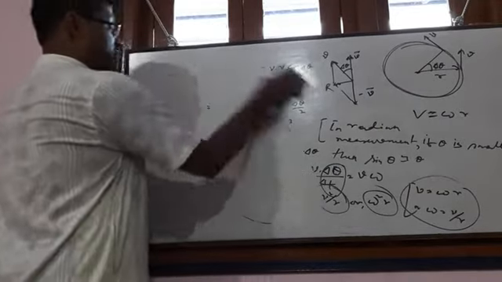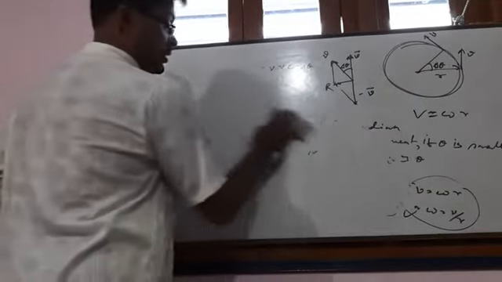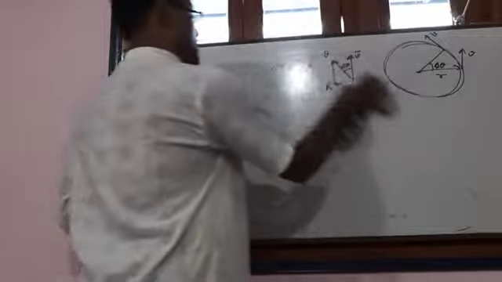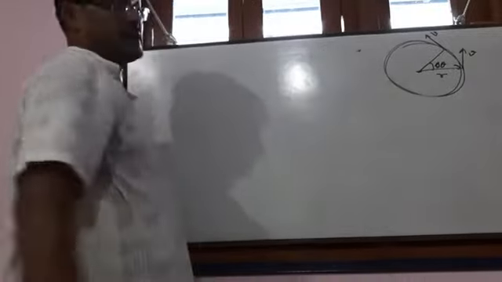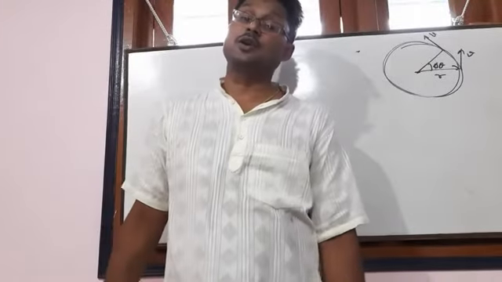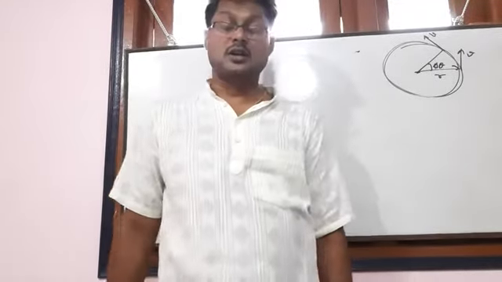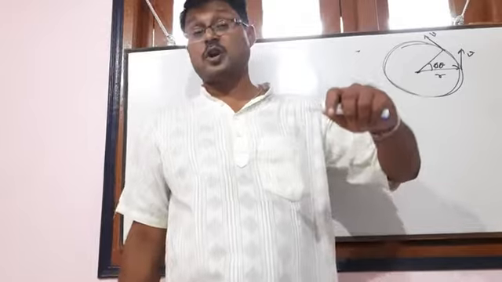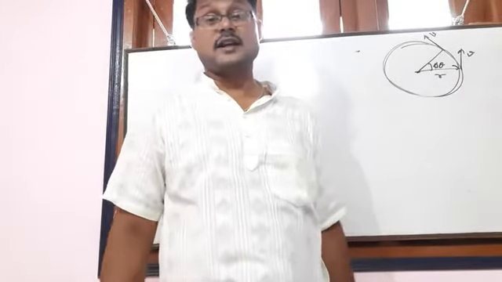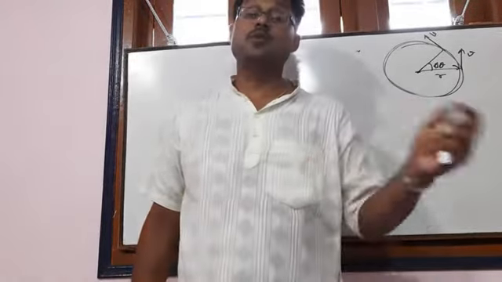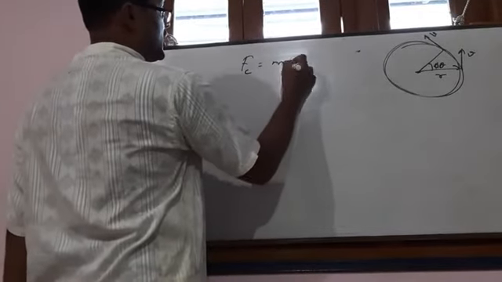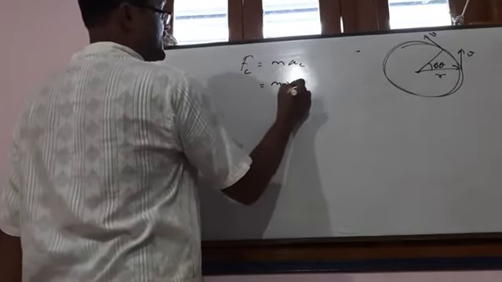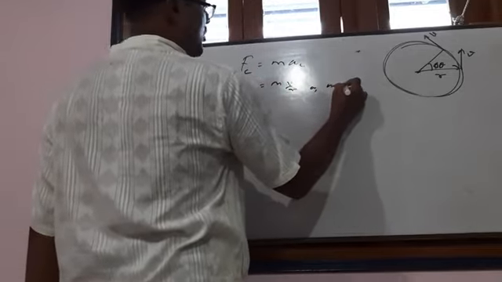Now we know that whenever we want to produce acceleration, we have to apply force according to Newton's laws of motion. So whenever we want to produce acceleration, we have to supply force, and the force is centripetal force, which is Fc equal to m ac, that is m v square by r or m omega square r.